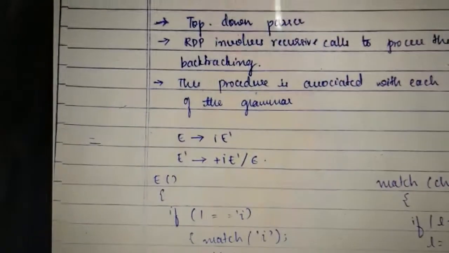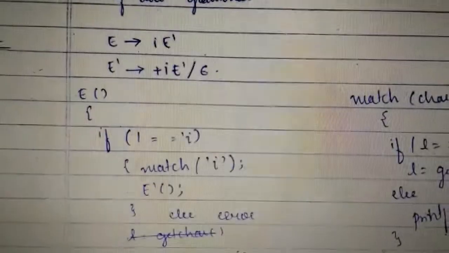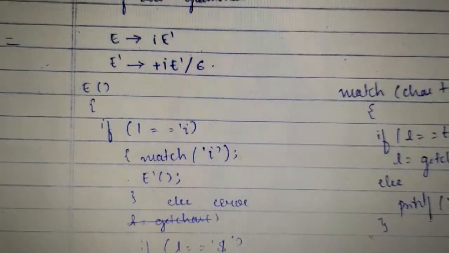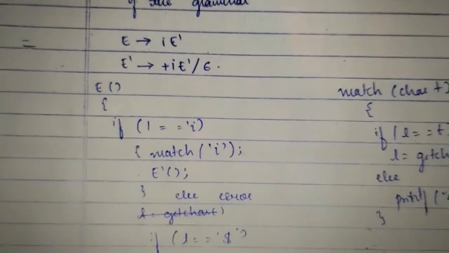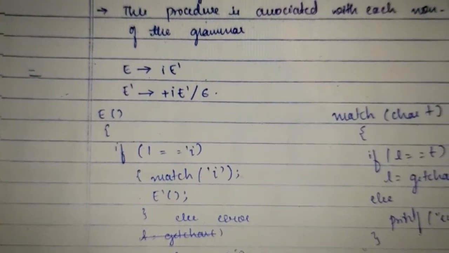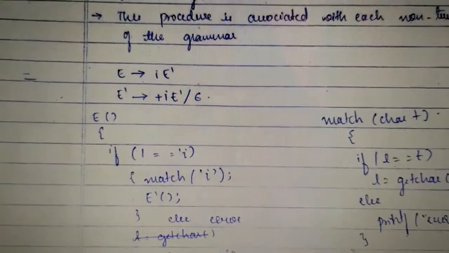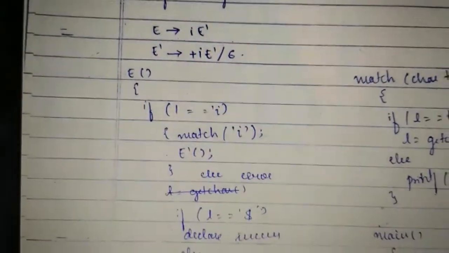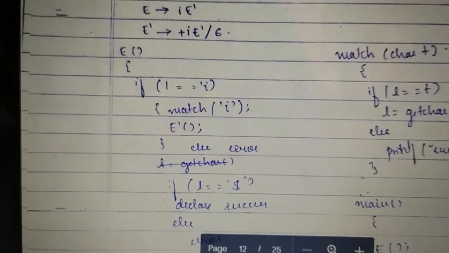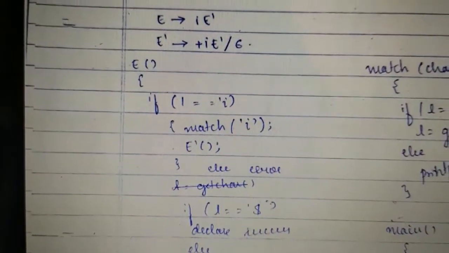We have a grammar here, E producing iE', and E' producing +iE' / epsilon, and this recursive descent parser supports backtracking. There is backtracking in this recursive descent parser. As you can see, there is a function for E first, since this is the start symbol.